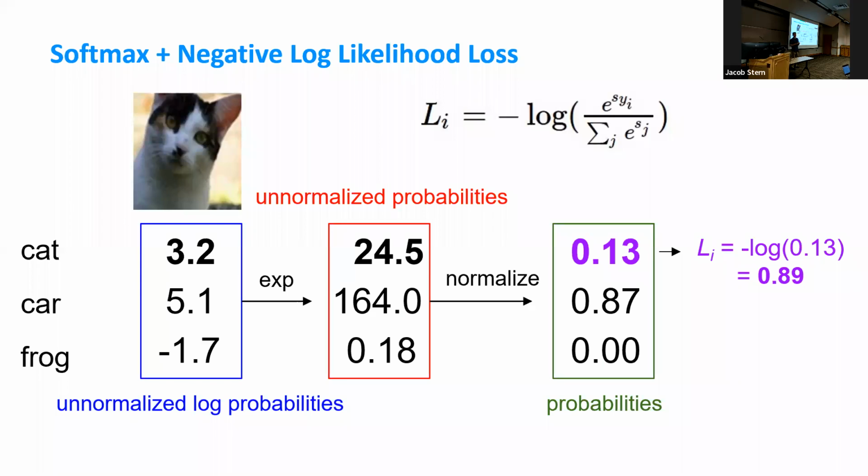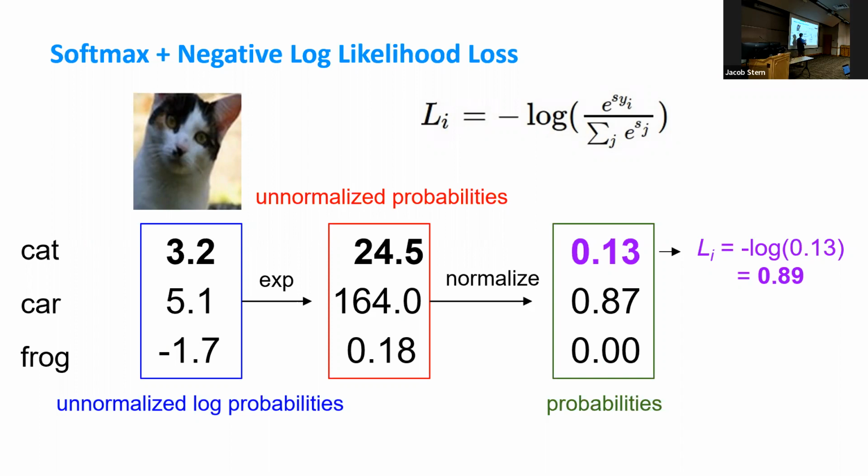Yeah. So let's say there were 10 images. You would find the s_yi of each individual category. Oh, good question.